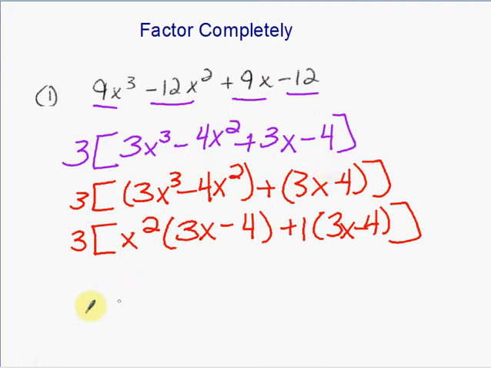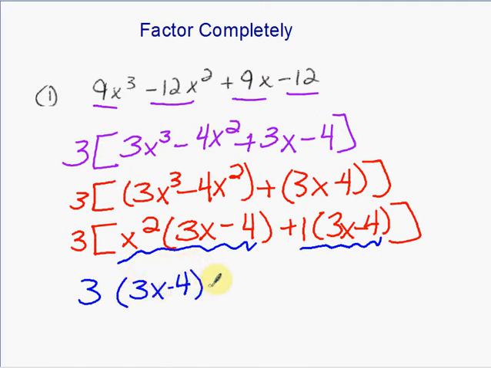For the final answer, we're going to keep the 3 that was all along outside, and we're going to look at the 2 pieces that we have on the inside separated by the plus sign. Those 2 pieces have 3x minus 4, that quantity, in common, so I'm going to factor that out. I can divide it out of both pieces.